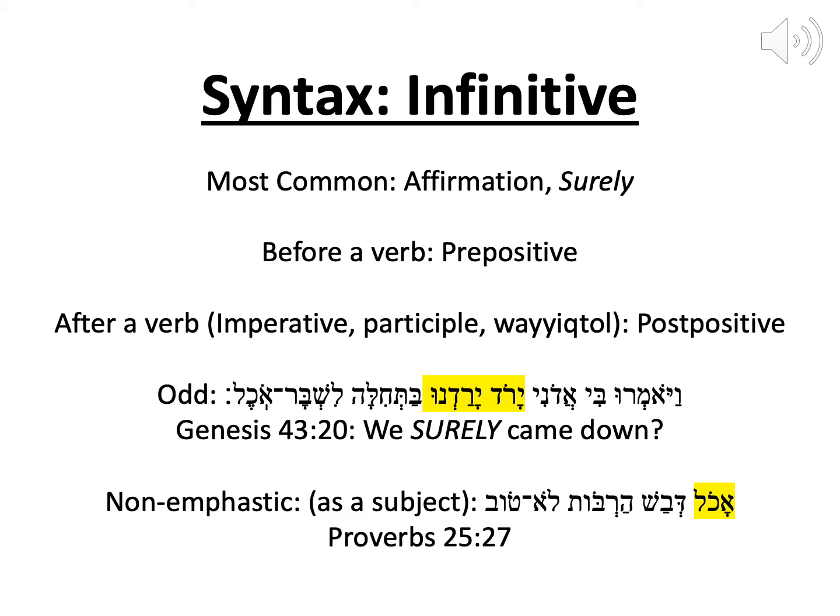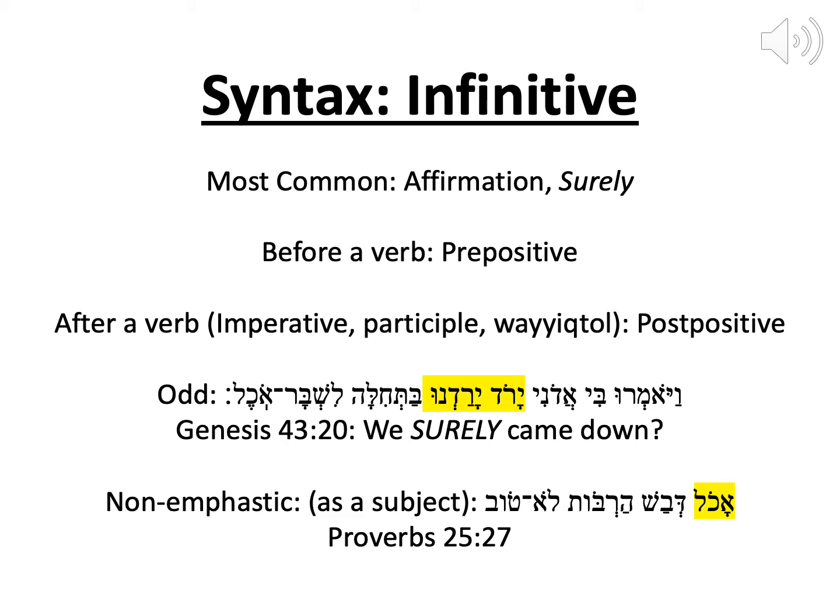After a verb, postpositive. Some scholars have suggested that a postpositive use of the infinitive absolute is less emphatic than the prepositive. However, the imperative, the participle, and the wayyiqtol will always have the infinitive absolute in a postpositive use. So that theory is in question as to whether or not it really is emphasizing less than a prepositive, or if it's just simply part of the form.